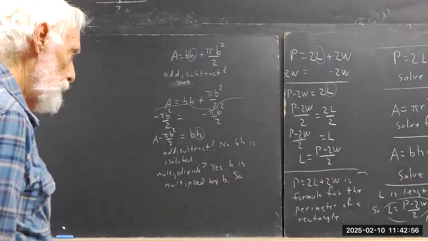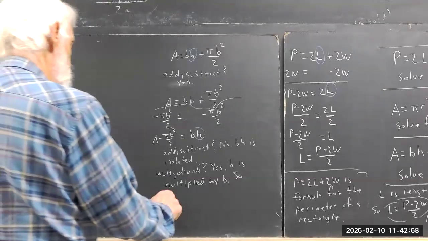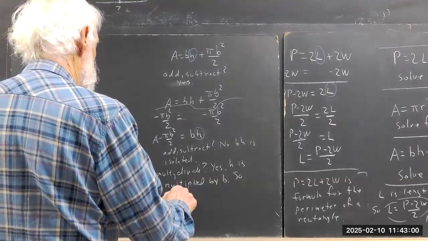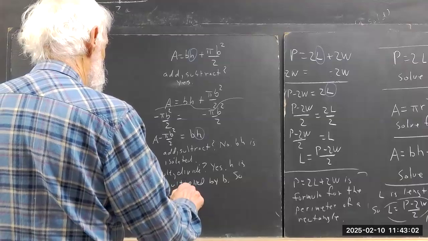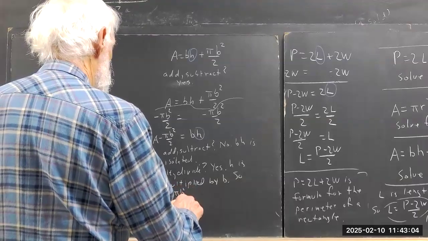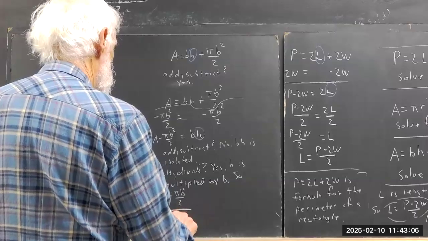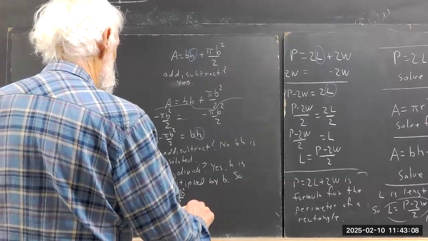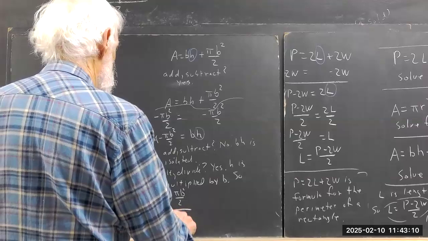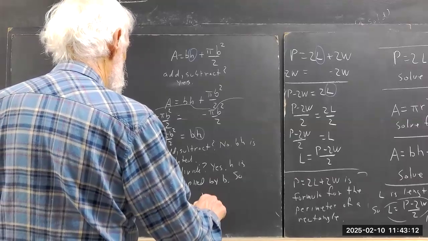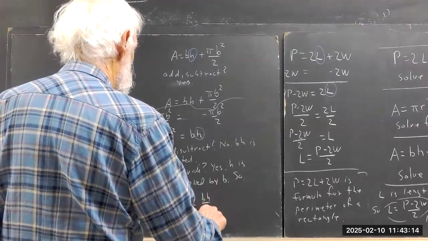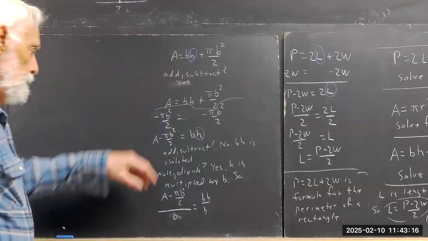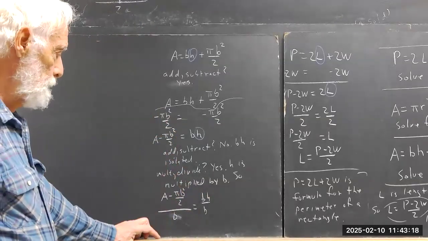h is multiplied by b, so this thing here is divided by b.